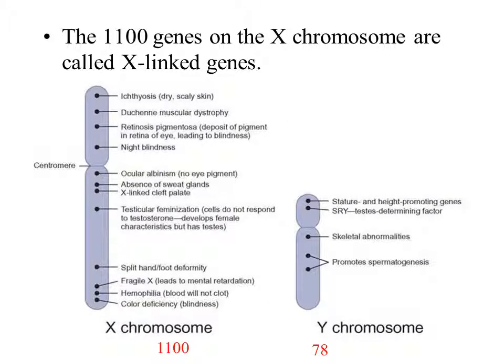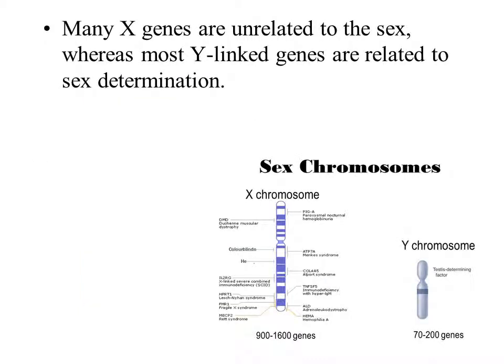The larger X chromosome has 1,100 genes. These genes are referred to as X-linked genes. Many X genes are unrelated to sex, whereas most Y-linked genes are related to sex.